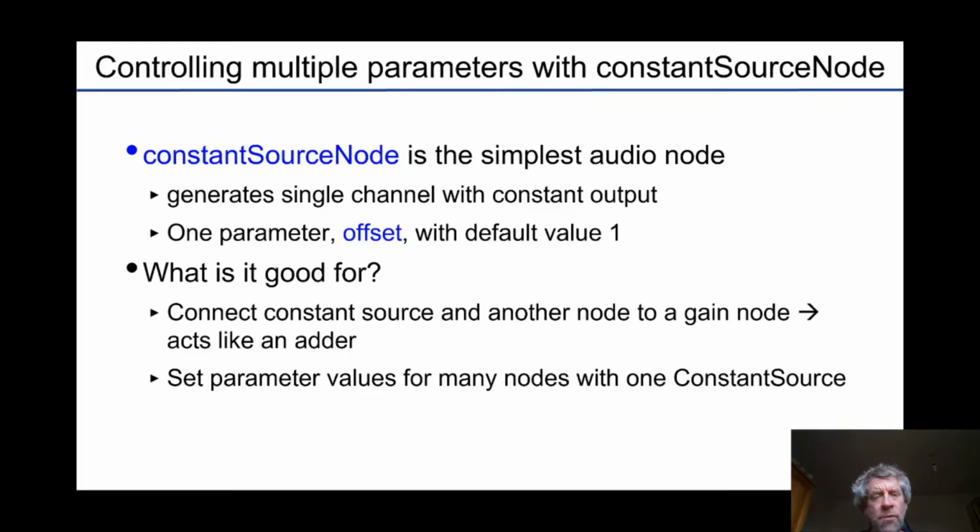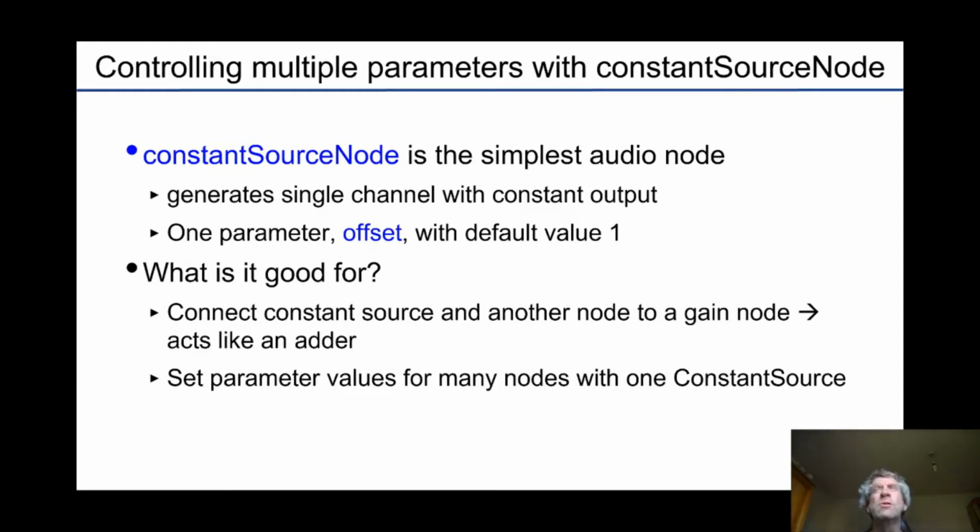There's plenty of other uses for the constant source node, not just controlling parameters in mixing. You might be generating a particular pitched note and want to change the relative levels of the harmonics. So have the constant source apply a gain to many different individual frequencies.